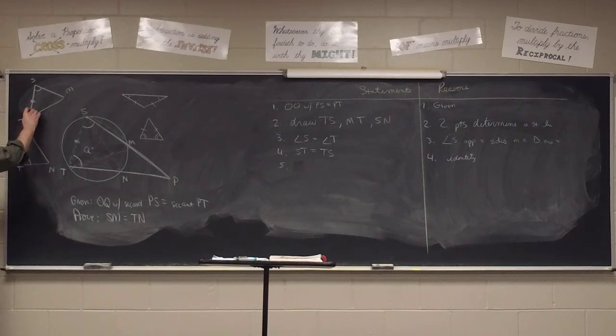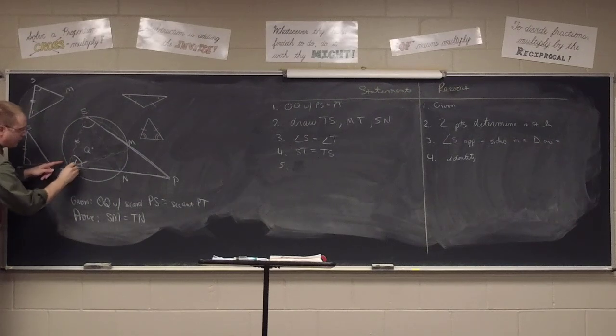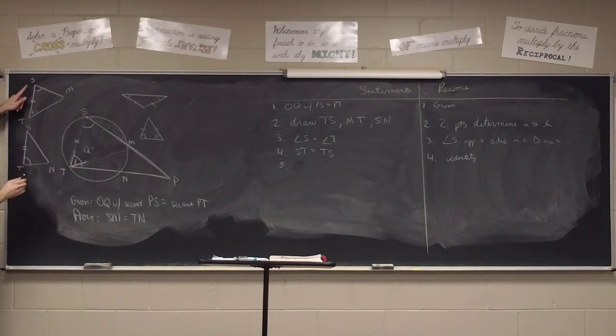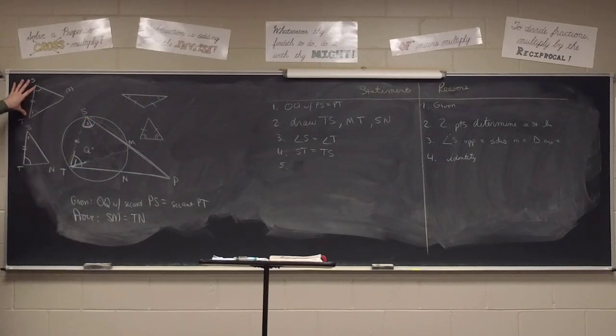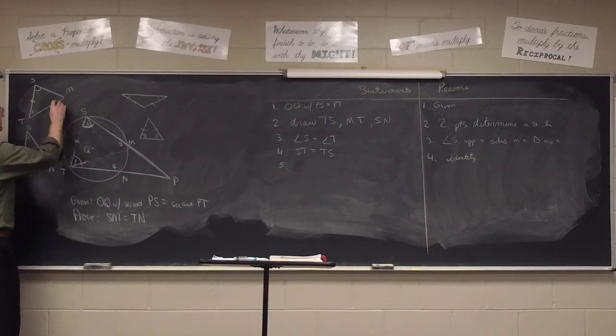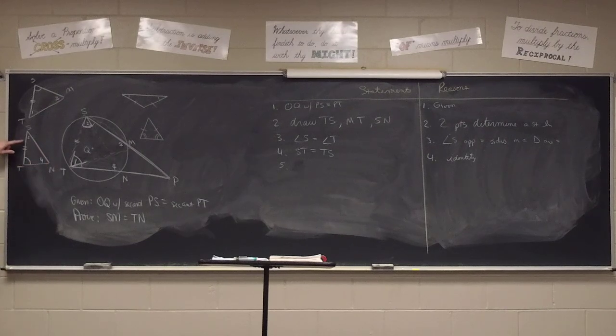You realize if I could get this angle at T, which I'm going to call angle 1, equal to this angle here, angle 2, then that would give me angle-side-angle. If I could get this angle 3 equal to this angle 4, then I'd have side-angle-angle.